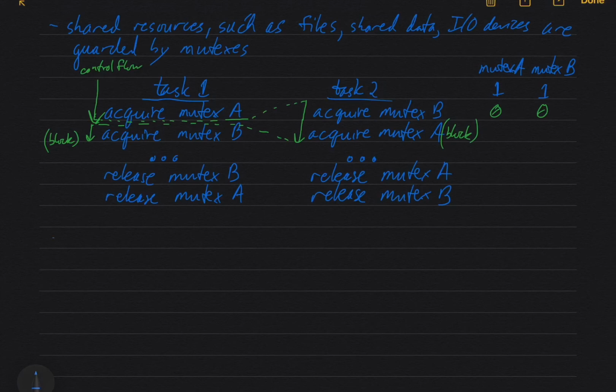So to discuss deadlock, it helps to use a more abstract representation of tasks, and the representation is called a resource allocation graph. And here is the resource allocation graph for our example above. So this square will represent a mutex, which is protecting a resource. So let's say that's mutex A. And there's only one instance of mutex A, so there's one dot in there.